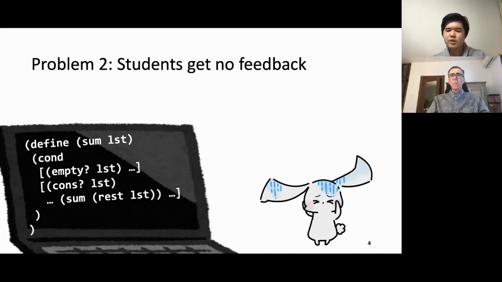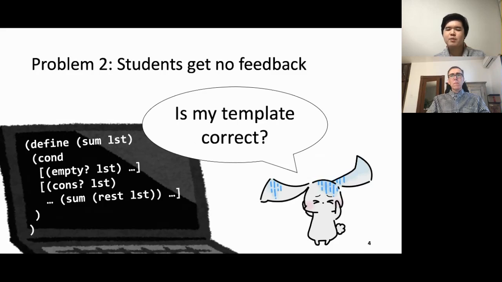Second, even if they follow the design recipe, they'll not always be able to check whether the outcome of each step is appropriate or not. It's partly because some of the intermediate outcomes, such as data definition and function template, are not written as runnable code.